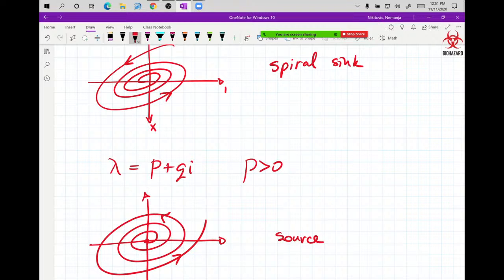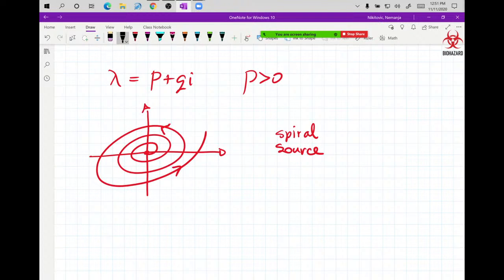Maybe could have called it a spiral source. And then you can move all of this into 3D. Now, if you turn your page in the book to 315 and 316, you will have this entire thing simplified for you and written all in one spot.